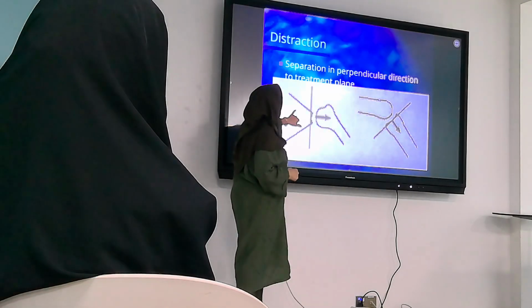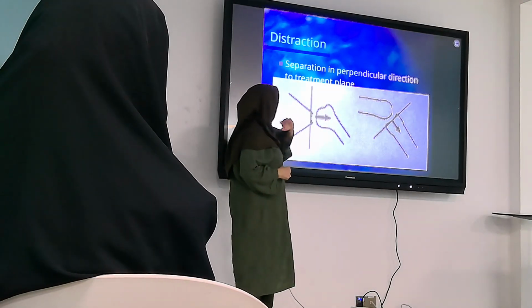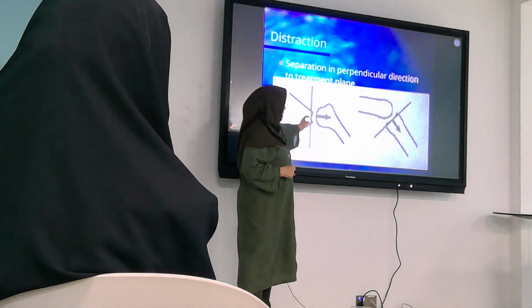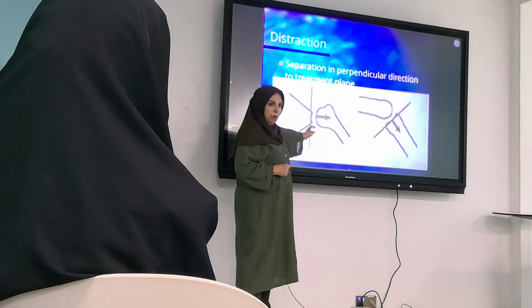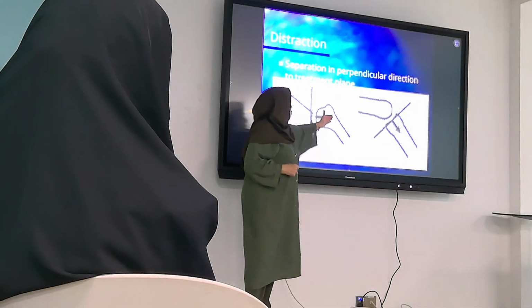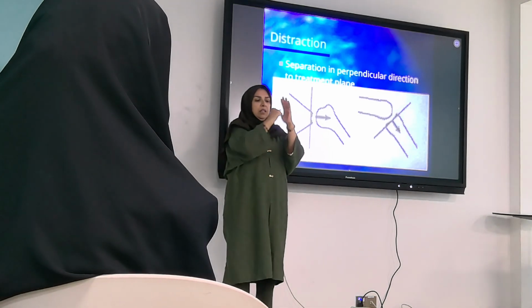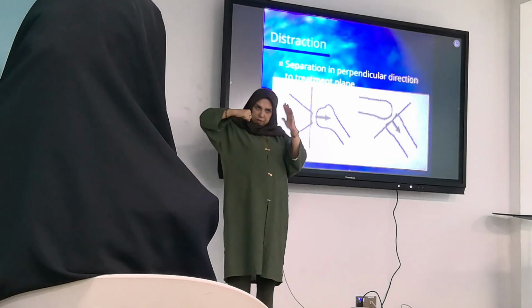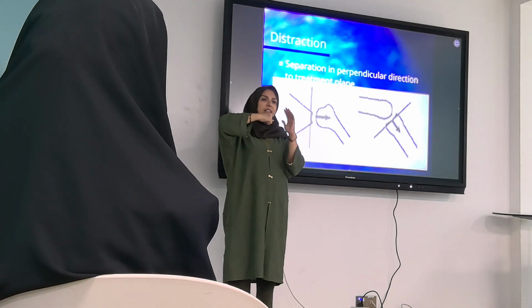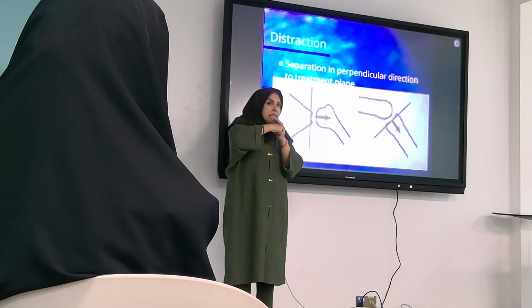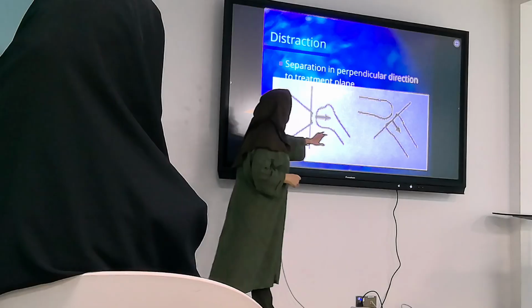I talked about it before. It is a distraction. You can see, for example, it's a shape of the joint and it's providing distraction from this. Distraction. All of this is distraction. If I try to close two parts of the joint together, it is compression.